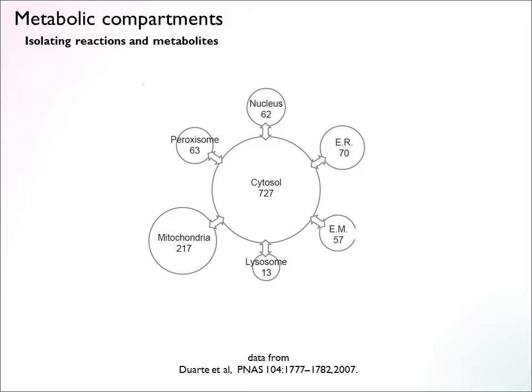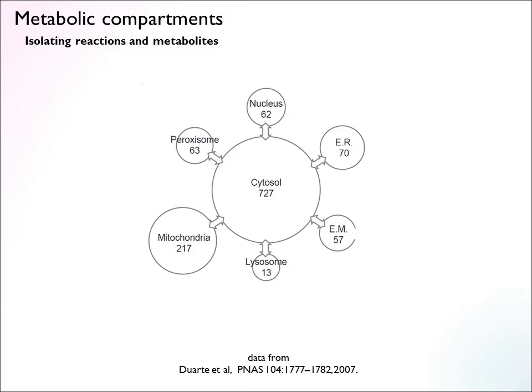And of course, inside cells we have organelles, and organelles also represent compartments that tend to isolate reactions and metabolites and specialize in doing particular types of reactions. What's shown here is a summary figure of a genome scale model of human metabolism that was published in 2007.